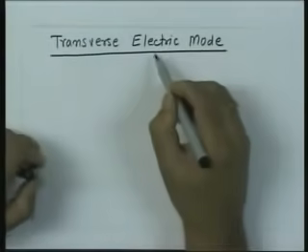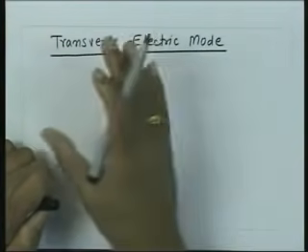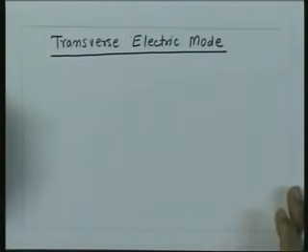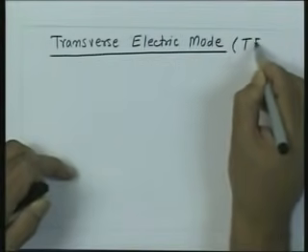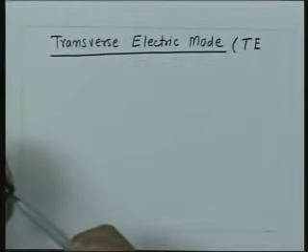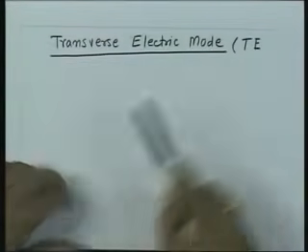That means the electric field always remains transverse to the direction of net wave propagation inside the structure, and in short it is denoted as TE. So those modes for which the electric field is transverse to the direction of net wave propagation, we call the TE mode.